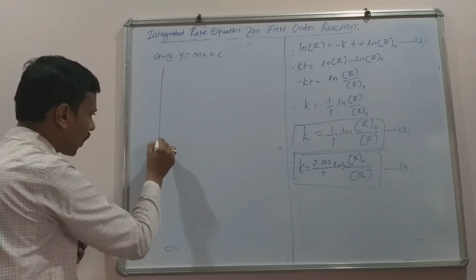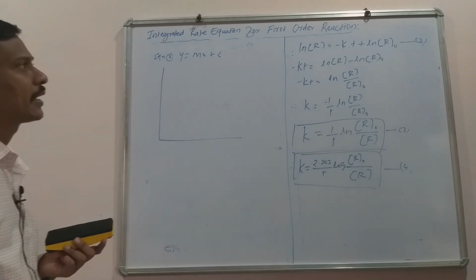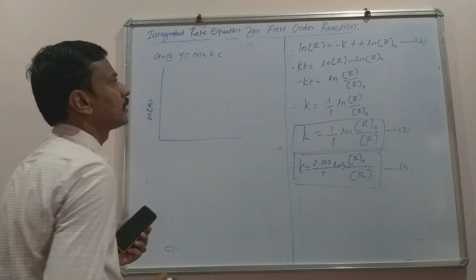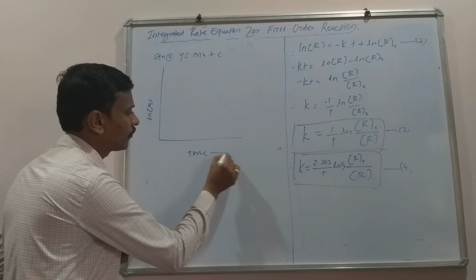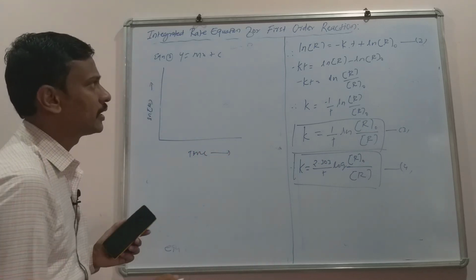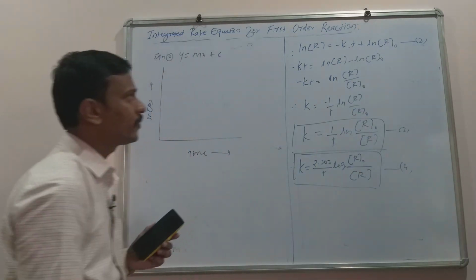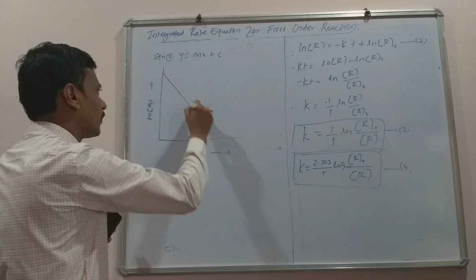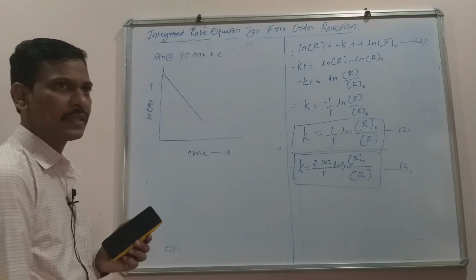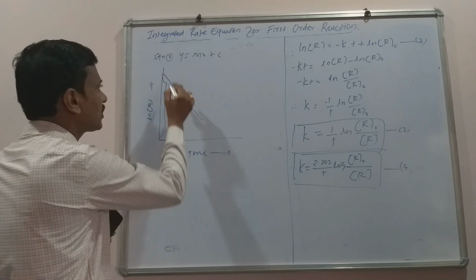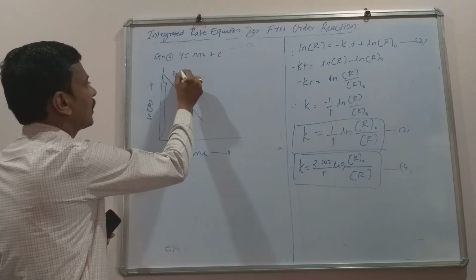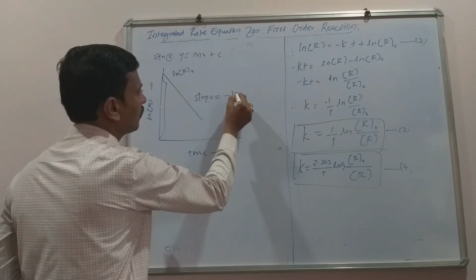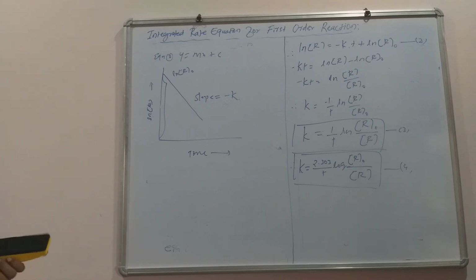Again, by plotting the graph of ln r versus time, we come to know that minus k is there. When we plot the graph of ln r versus time, you get a straight line with negative slope. Here the intercept is equal to ln r naught and the slope is equal to minus k.